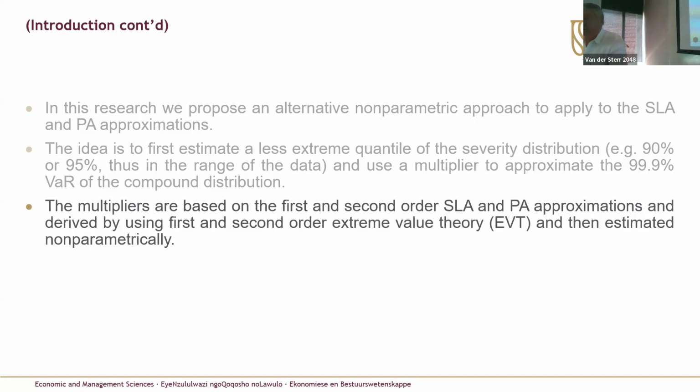Now, both these methods, single loss approximation and the perturbative method, have a first order and a second order. And extreme value theory, you'll see, has first order and second order and higher orders, but I'll stick to first and second. So you have all these combinations that you can try out.